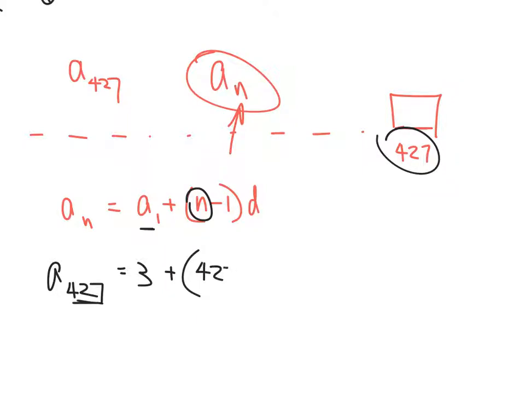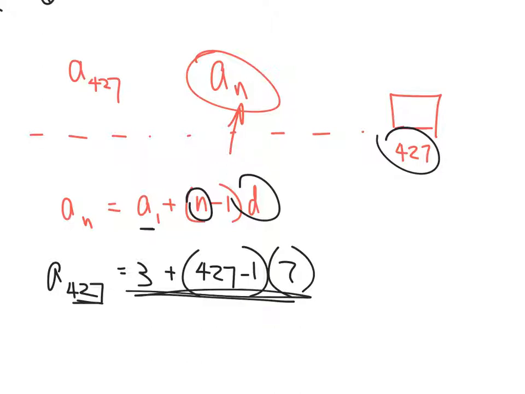That's the number I'm looking for, minus 1 times the common difference. So let's just make up a common difference, 7. Let's just say that's what it is. When I do the math, that will give me the number that's in that place value, 427 numbers down the row. This number here, when I do the work, is going to be the number that fits into that place.